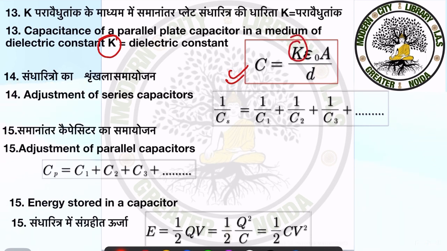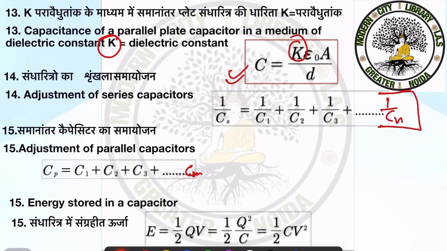Next is the combination of capacitors. If the capacitors are connected in series form, then 1 upon Cs is equal to 1 upon C1 plus 1 upon C2 plus 1 upon C3 up to 1 upon Cn. It may extend to n numbers. If the capacitors are connected in parallel form, then the total capacitance is Cp equal to C1 plus C2 plus C3 up to Cn.